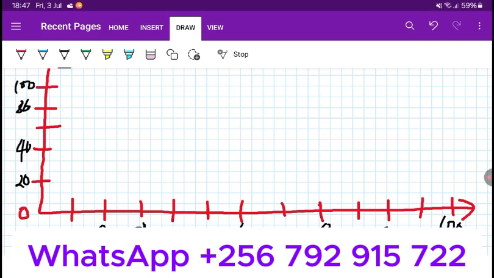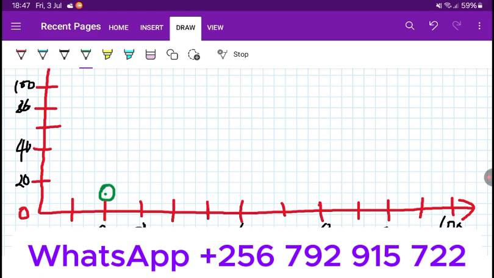Then we start our plotting. We plot starting from 20. This 10 that we put there is for us to complete our starting point. So we start plotting from the upper class boundary, which is 20. So 20 and 2, maybe let me assume it's around there.